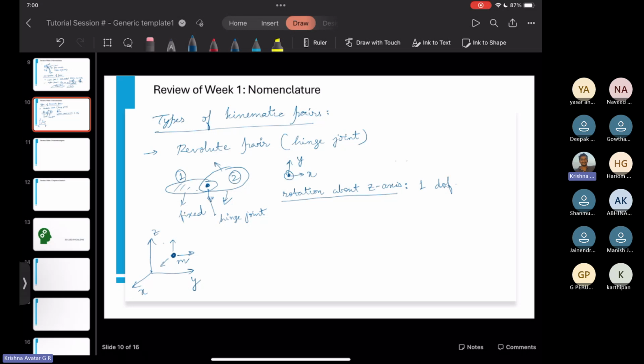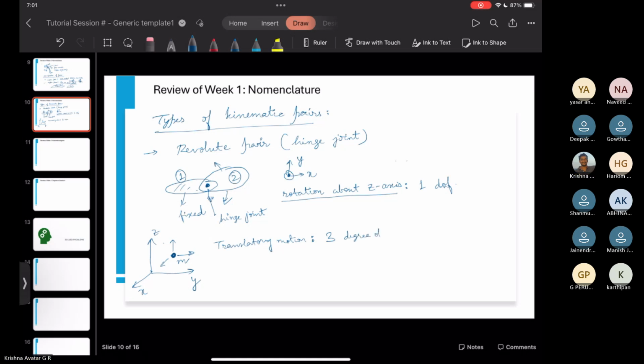I'm telling beforehand that it's a point mass. Right? So there are three motions possible in X, Y, and Z, what you call translatory motion, right? So translatory motion along three directions, which means that we have 3 degrees of freedom, so to speak.